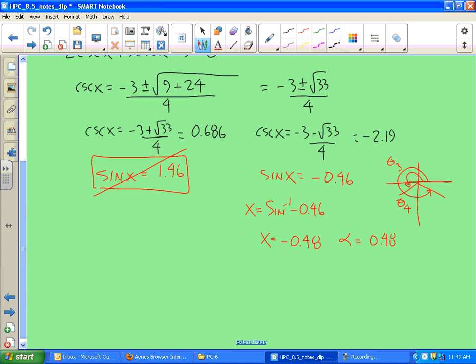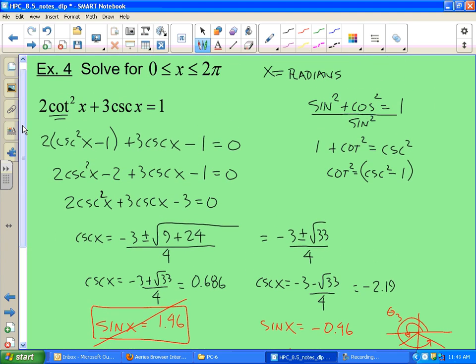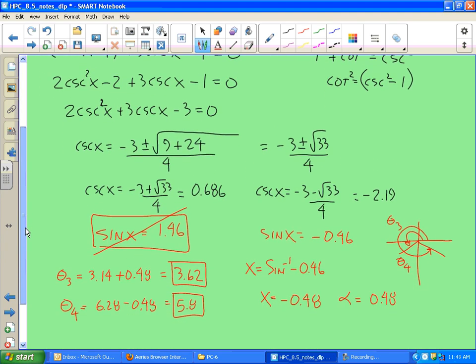So that means in quadrant 3, for theta 3, we would do pi radians plus 0.48. And this makes 3.62. There's one of my angle thetas. And in quadrant 4, where we would have 2 pi, or 6.28, minus our reference angle, we would have 5.8. And there are two values of theta in radians that would satisfy the solutions to this problem. A little more work involved with that.